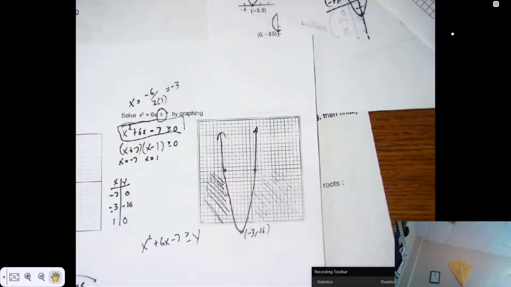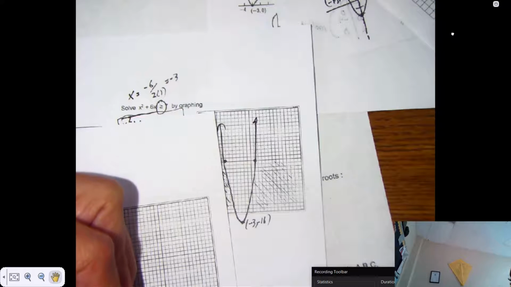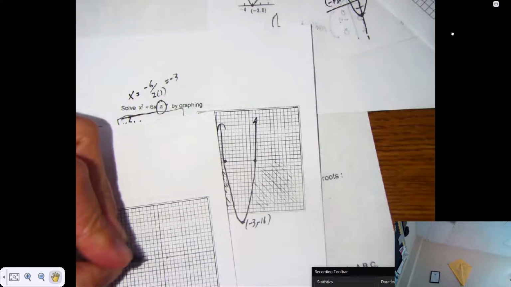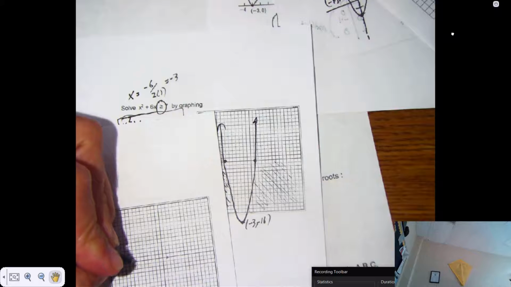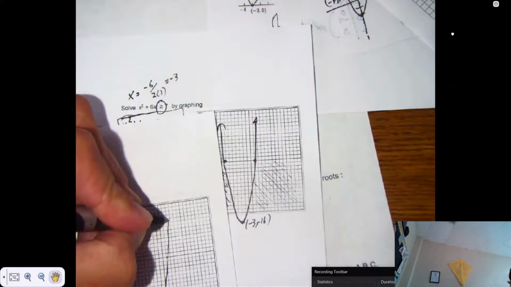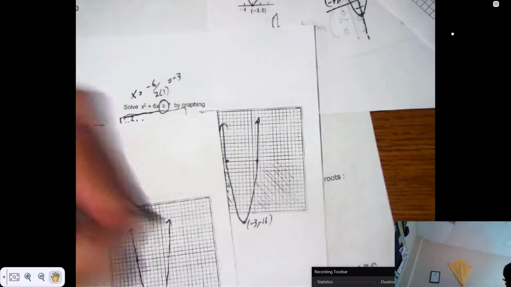Everything? Leave the graph, but erase the shading around it. You guys took a different route than kids usually take, so we're doing a little bit different.